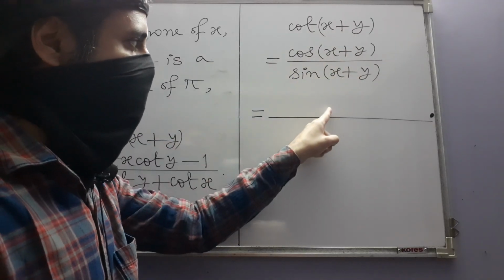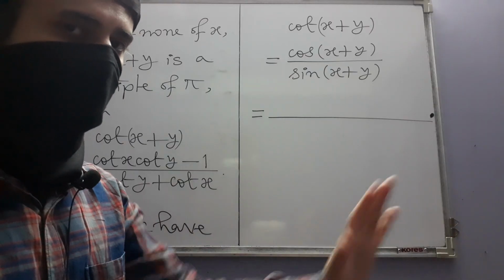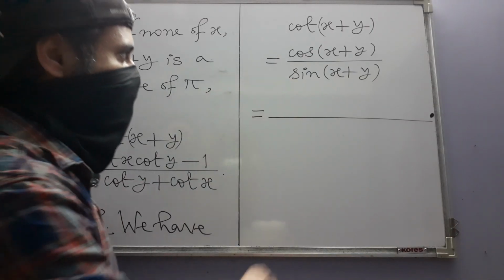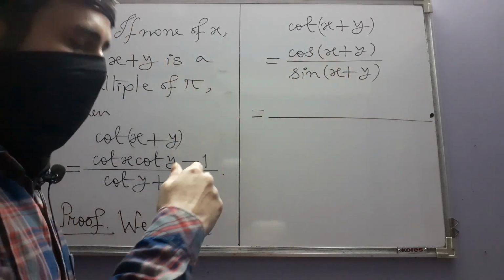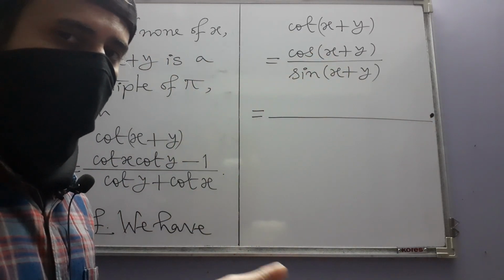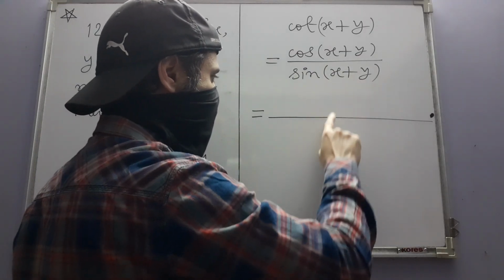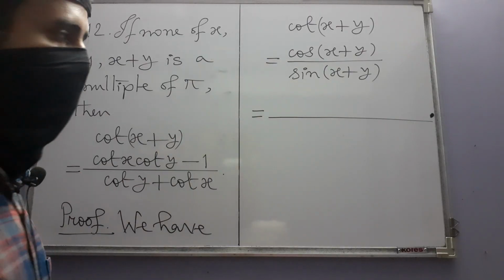You have plus here, so in the middle part you will have minus in the expanded formula. But for sine, that's not the case. The terms in the expansion of sine x plus y are mixed. Sine, cos both appear in both the terms. Also, the sign doesn't change. You have plus here, so you will have plus here.